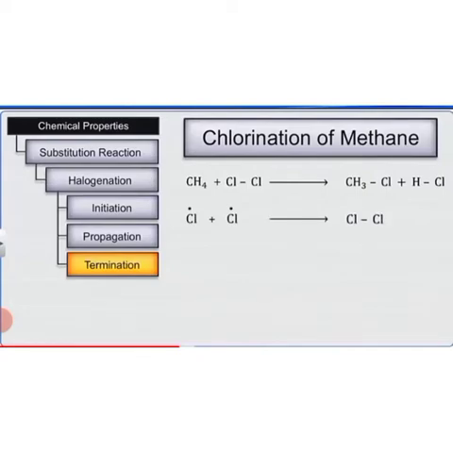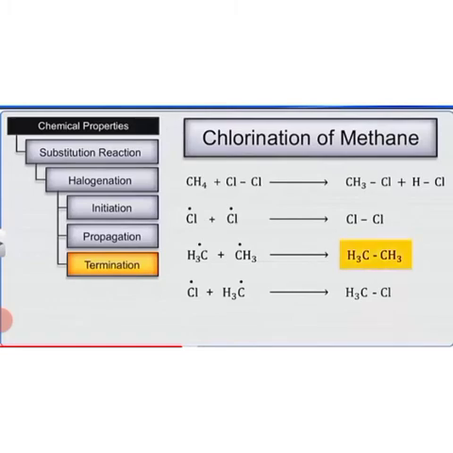Another possible reaction is that 2 methyl-free radicals combine to form ethane. Or a chlorine-free radical and a methyl-free radical combine to form chloromethane. Thus, in the chlorination of methane, ethane is obtained as a byproduct.